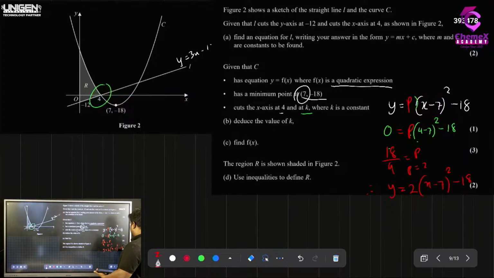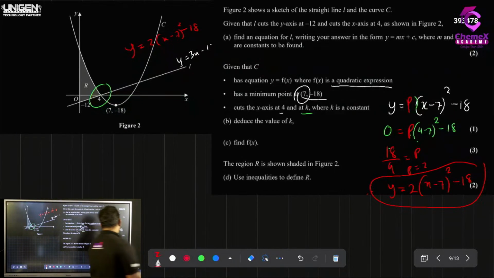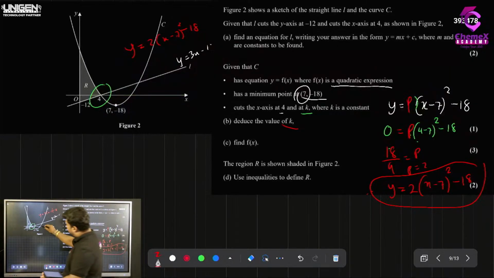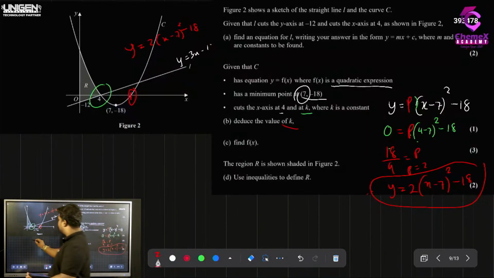minus 18. So this is the U-shaped one's equation. Y equals 2 bracket x minus 7 squared minus 18. Now you should be talented enough to find k. K is another place where it cuts the axis. So how do we find k? Put y equals 0. So 0 equals 2 bracket x minus 7 squared minus 18.